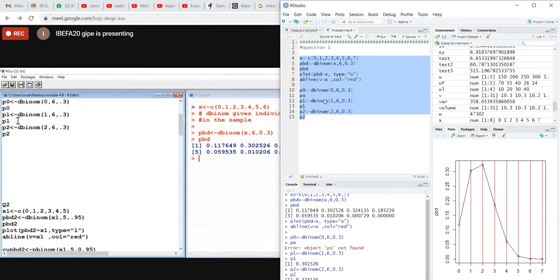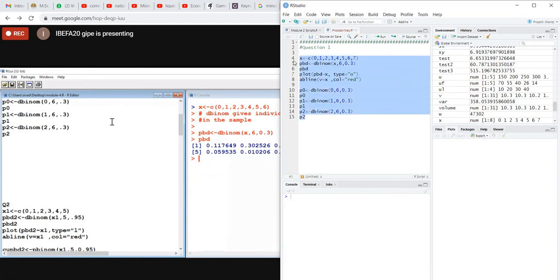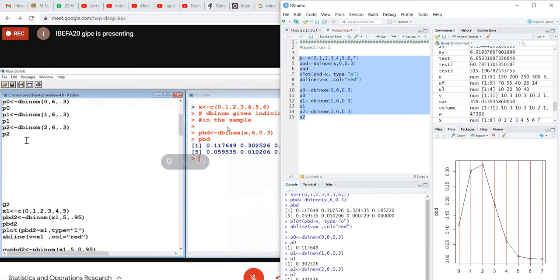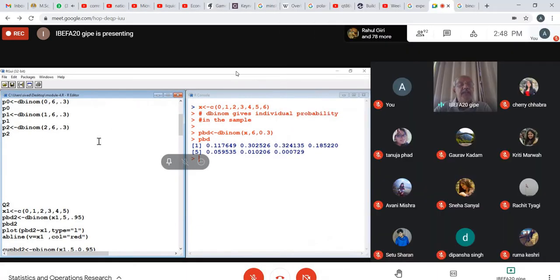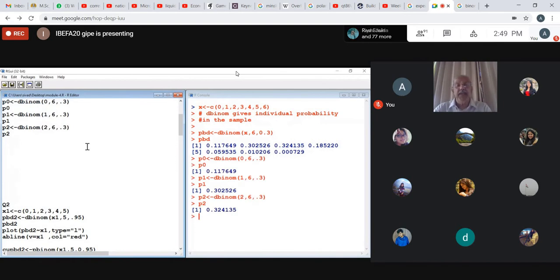So P0 is dbinom(0, 6, 0.3), P1 is dbinom(1, 6, 0.3), P2 for 2 successes is dbinom(2, 6, 0.3). I have my probabilities. This is question number 1.